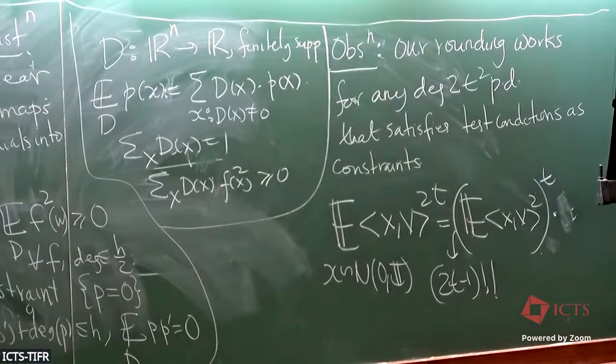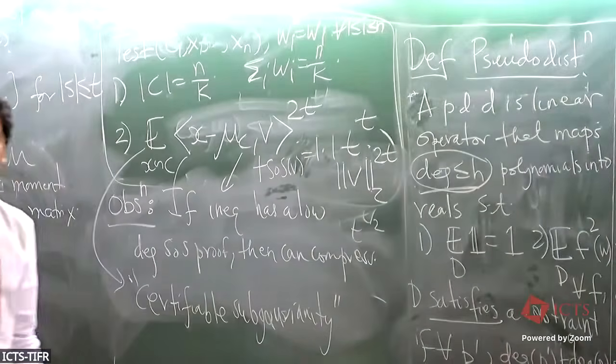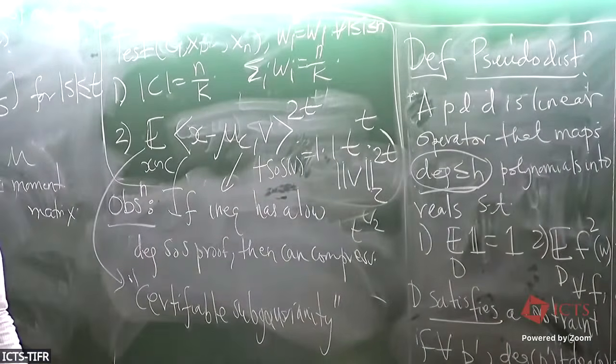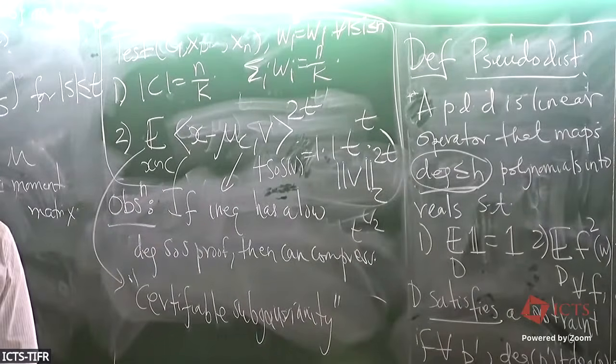In fact, a sum of squares proof of degree 2t. So if the KLS conjecture is true, then every log concave distribution is 2t certifiably sub-Gaussian. So we don't know that's true. That's the KLS conjecture: every log concave distribution satisfies a Poincare inequality with dimension-free constant.